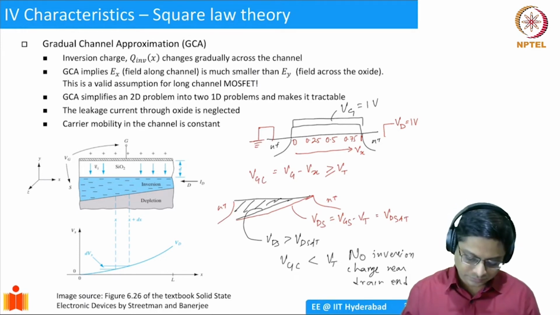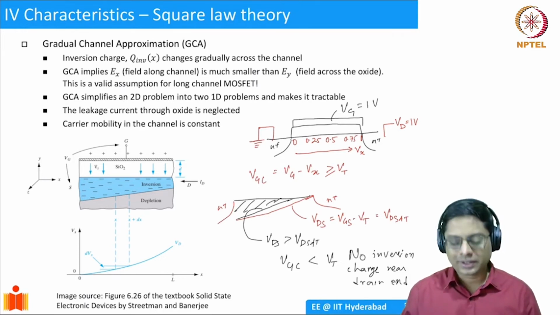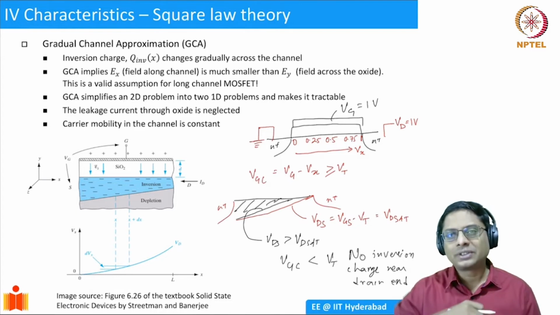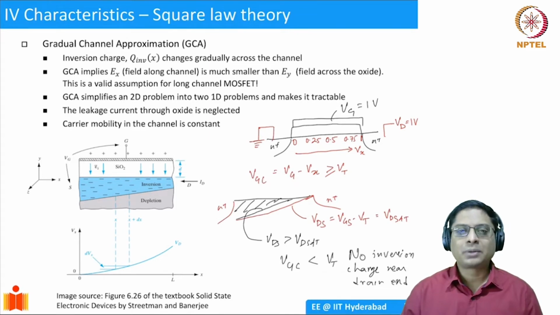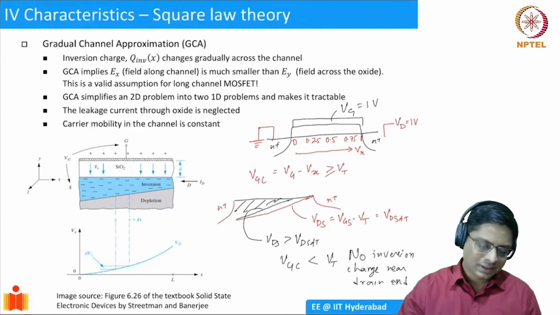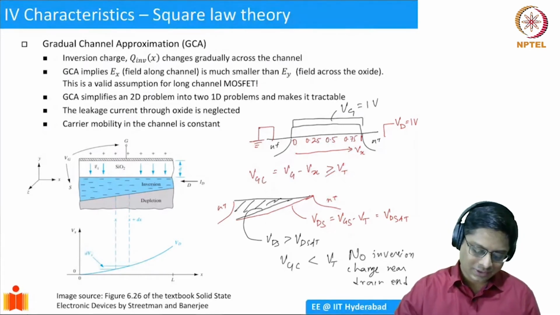All right. So now when we have this sort of variation of potential across the channel, how do we calculate the current? To do that, we employ what is known as the gradual channel approximation, essentially saying that the voltage across the channel is gradually changing.